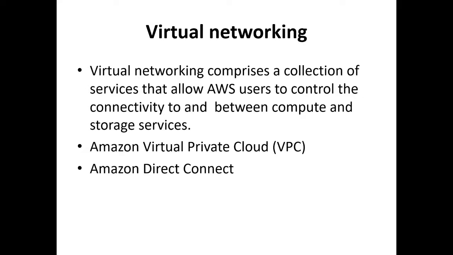Extend your corporate network into the cloud, and securely connect cloud applications to your data centers. The benefits would be that it is secure, simple, and customizable. This is all about Amazon Virtual Private Cloud.